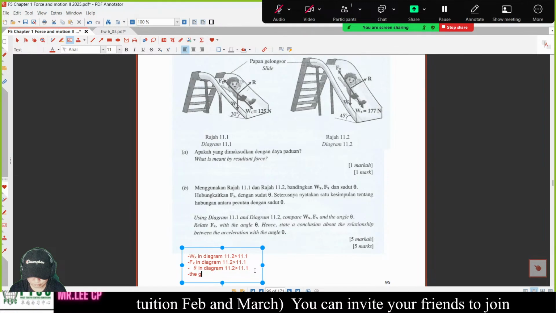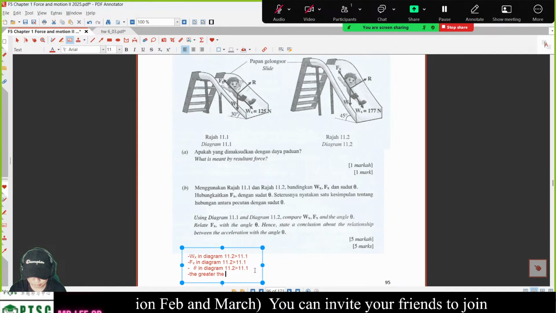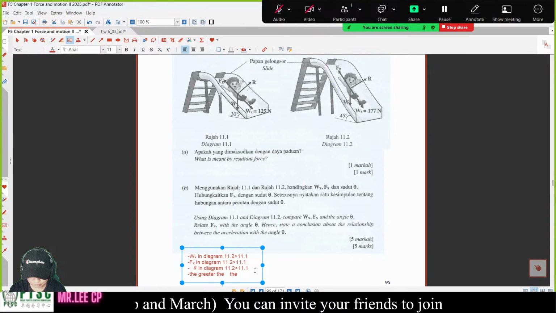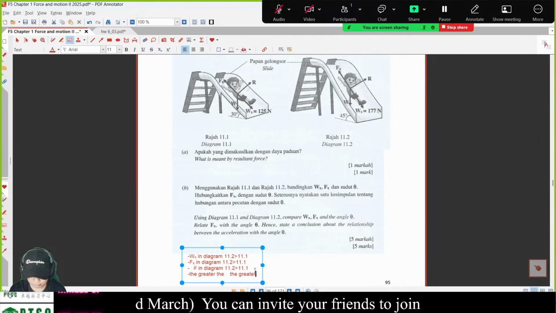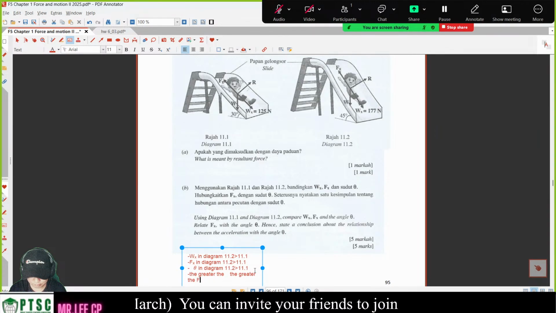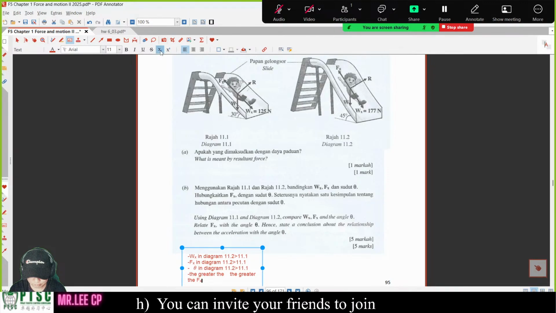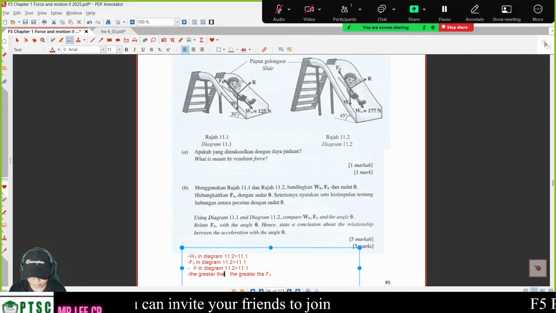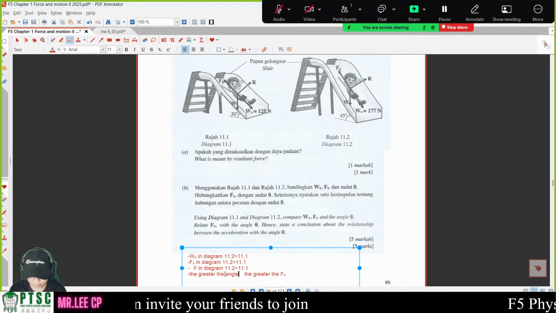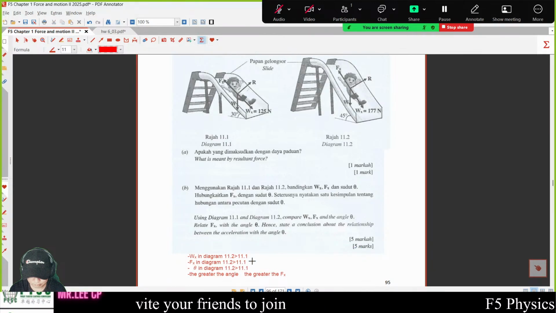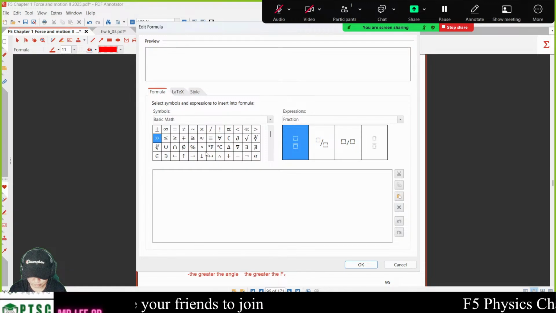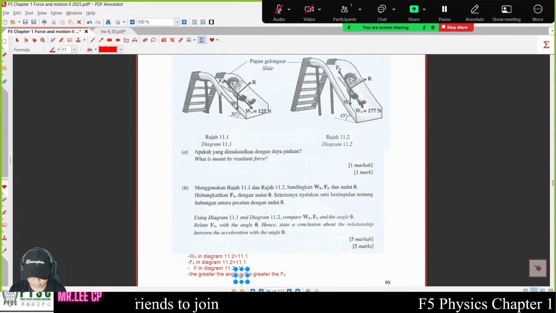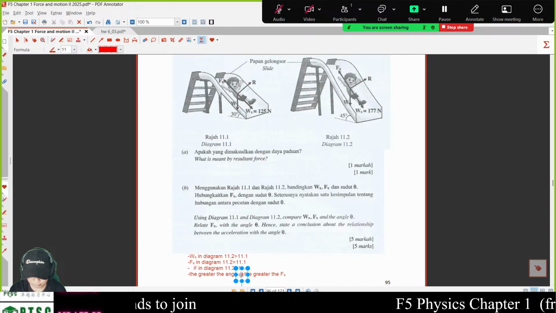The greater the theta, the greater the Fx. The greater the angle theta, the greater the Fx.